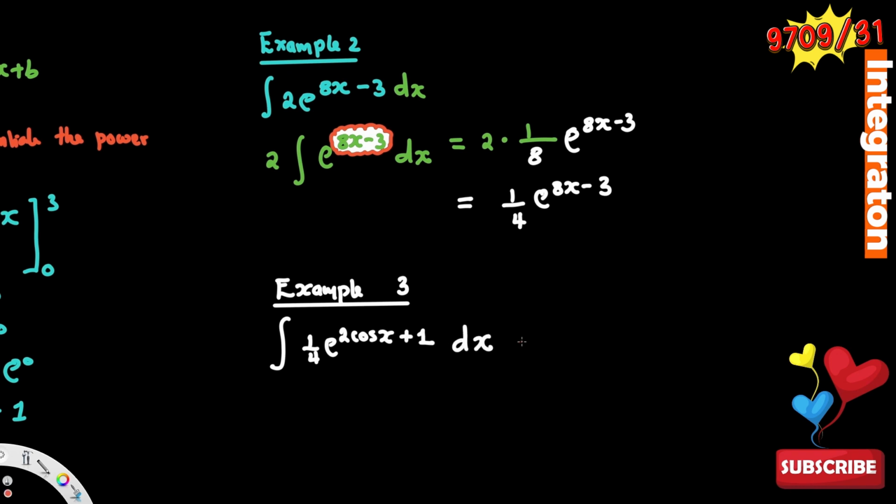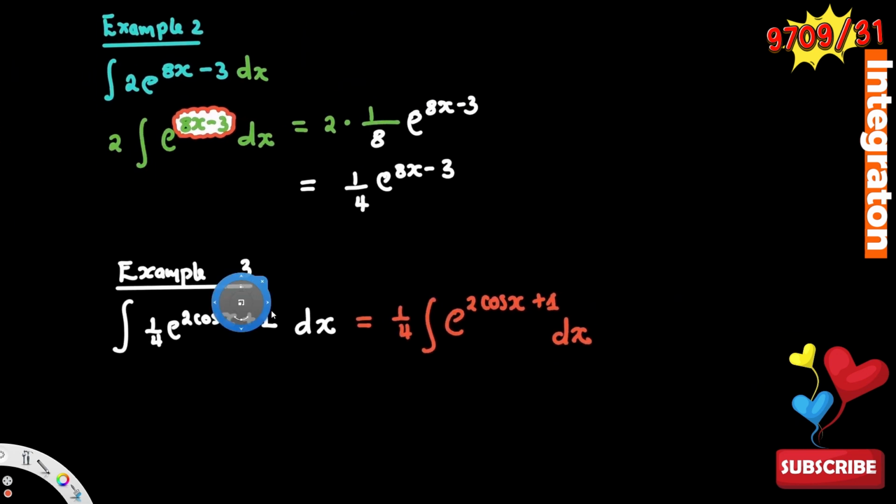Okay. Now we have example 3, whereby we have 1 over 4 e to the power of 2 cos x plus 1. You are integrating with respect to x. In such a scenario, what are we going to do? We are going to factor out 1 over 4 first, and then find the derivative of the power. If you differentiate 2 cos x, remember that differentiating cos x gives negative sin x, and differentiating 1 is 0.